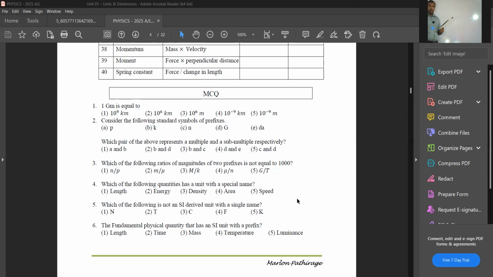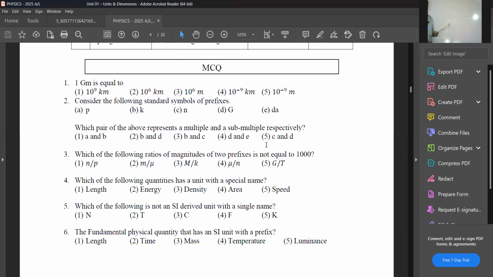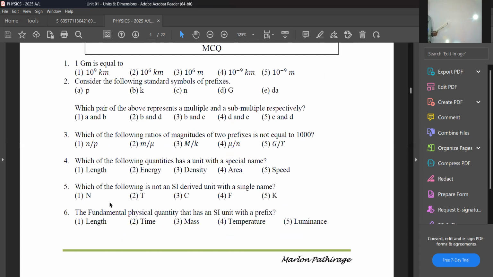Then fourth one. Which of the following quantities has a unit with a special name? Unit with a special name. Length. What is the unit of length? It is meter. So it doesn't have a special name. Then density, kilogram per cubic meter.